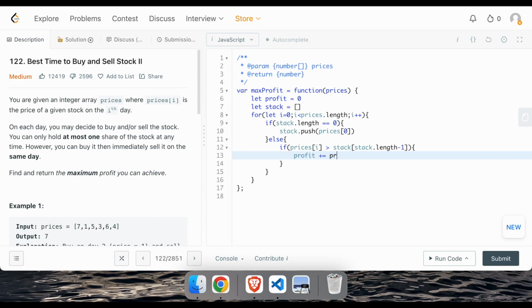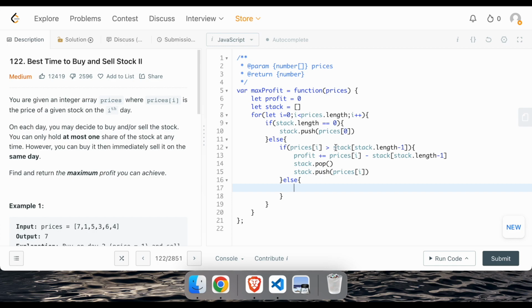I'll sell the stock at this price, whereas I have bought the stock at this price. And then I can simply pop the element from my stack. Why? Because I no longer need it. I have already sold the stock. And then again, I decide to buy the stock. Remember, we are not only selling the stock on the same day, but we are also buying it again. So this is what we will have, right?